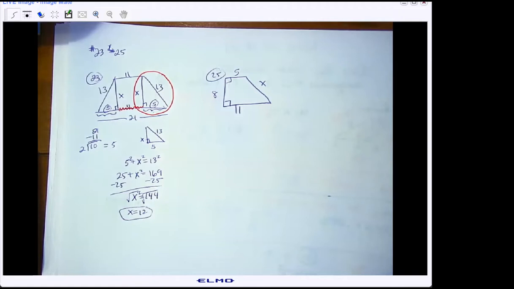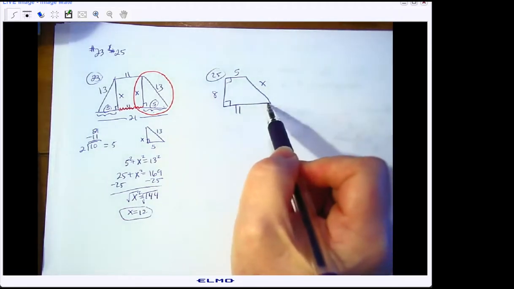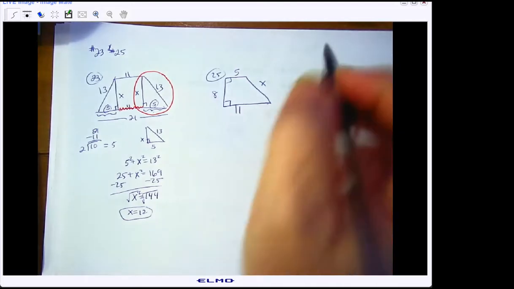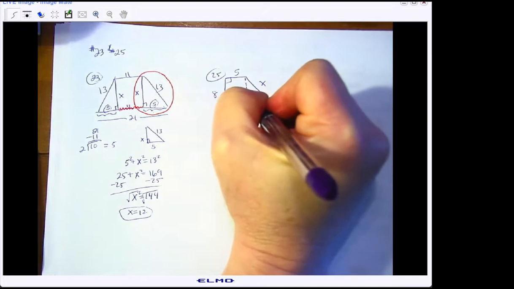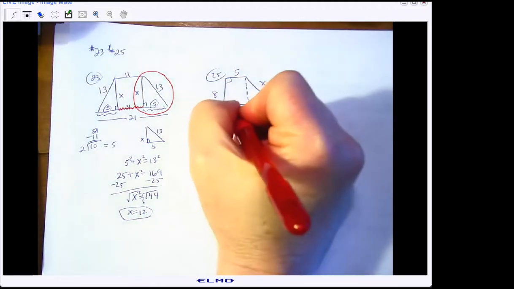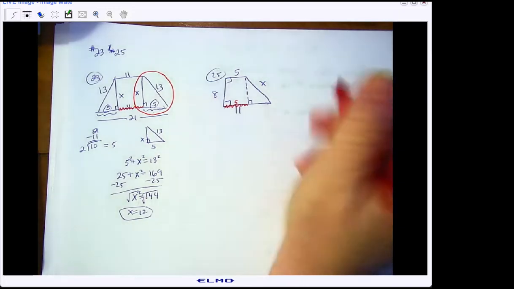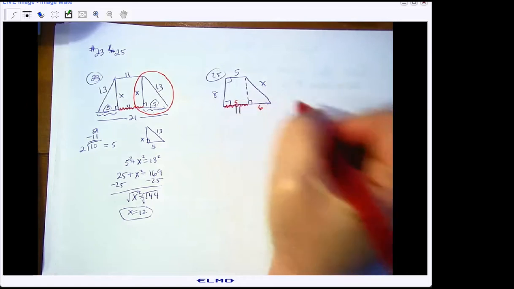Okay. The key to problem number 25 is breaking it into a rectangle and a triangle. And to do that, you need to just drop it straight down. So if this top part is 5, this bottom part is 5, which just makes this part 6, because 11 minus 5 would be 6.